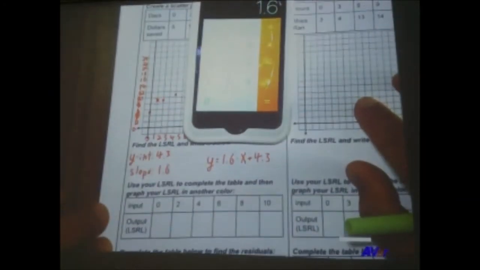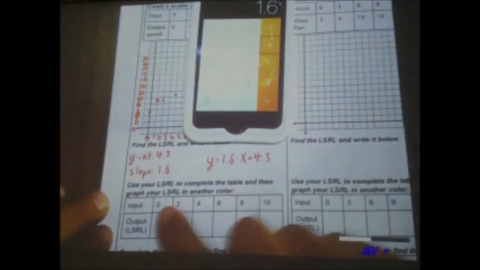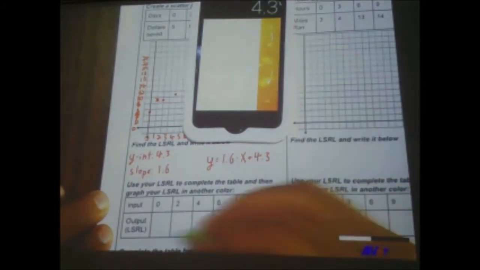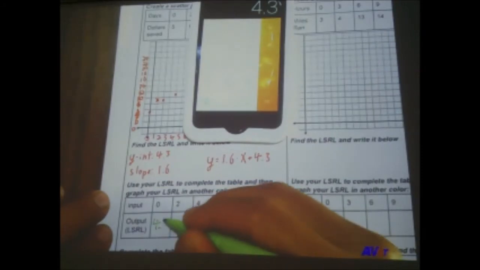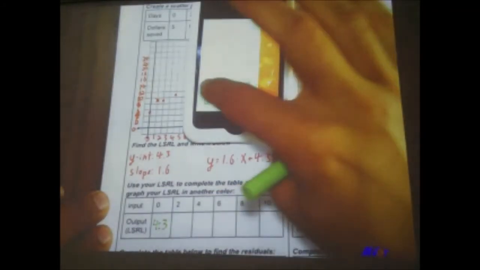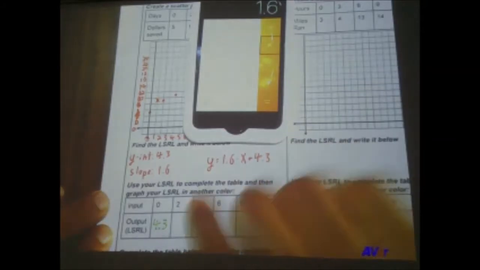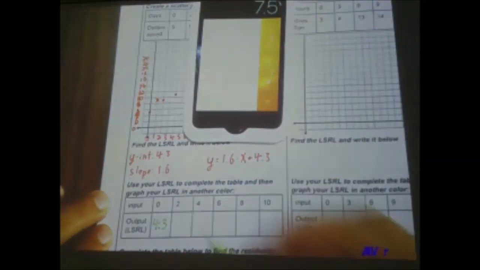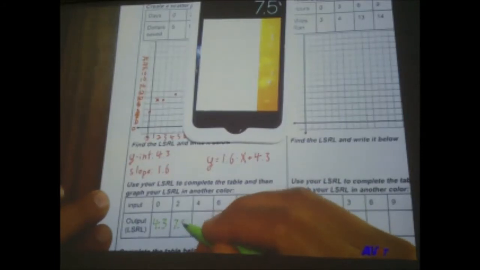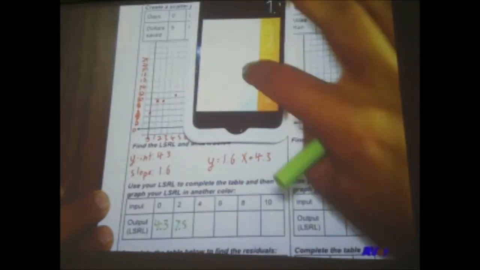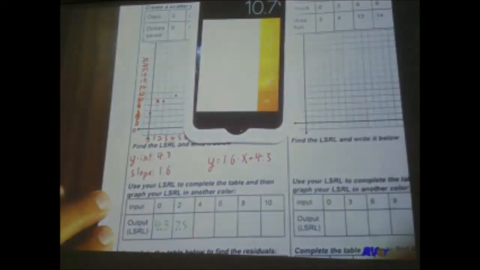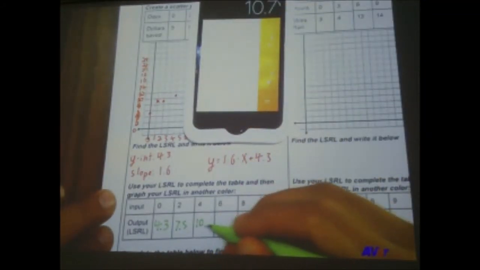So 1.6 times 0 plus 4.3 gives us 4.3. And then I do 1.6 times 2 plus 4.3, and I get 7.5. And then I do 1.6 times 4 plus 4.3, and I get 10.7.